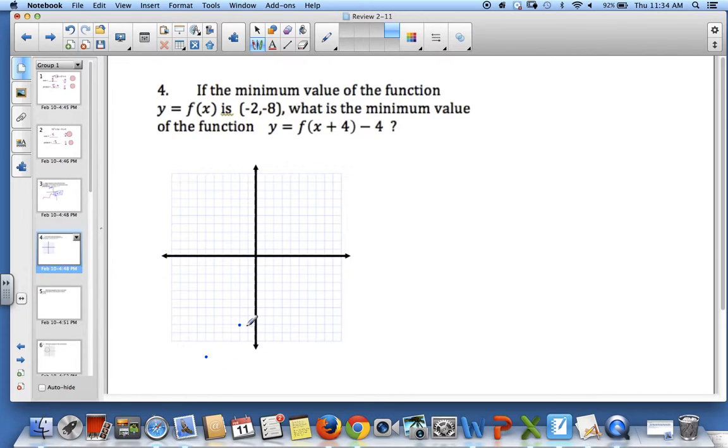So the points here, this was negative 2, negative 8. I moved left 4 because it goes the opposite direction when it's in the parentheses, and then outside it goes in the y direction the same direction, so down 4. So that's going to be negative 6, negative 12 would be my answer for that problem.